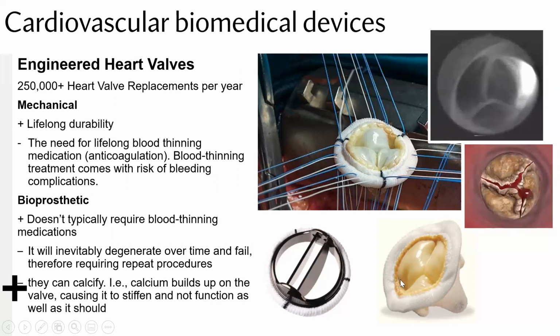I'll talk about their composition, but basically they have the same composition as human tissue, animal tissue, and so calcification can happen. All the stuff that happens to a natural heart valve can happen, but here it's more severe because it's actually from another body to your body.